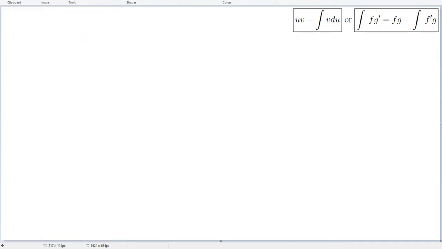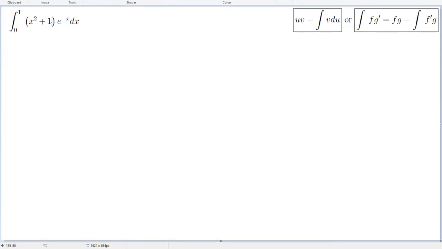All right, let's do the second one. Okay, so this time we have bounds. It's no problem, so we're not going to worry about that yet. Bounds are always last and easy, you just plug them in.